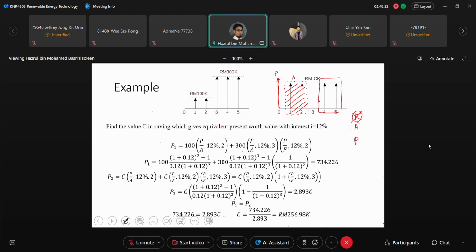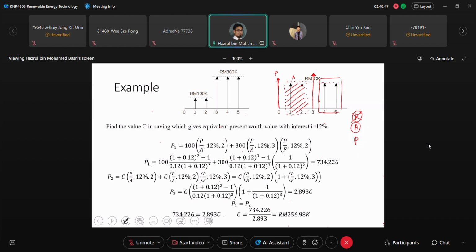So we have A, this is the value of A. We want to calculate the present value. The present value happens over here, at year 3. So far, everyone can follow?